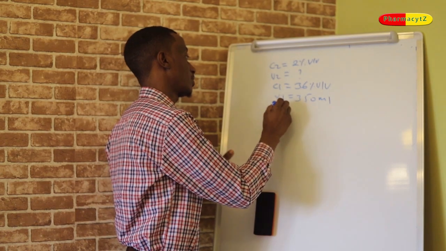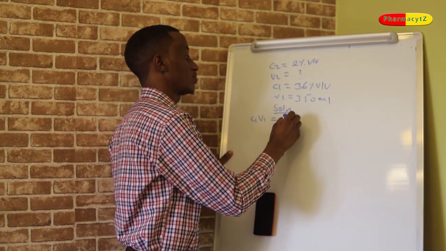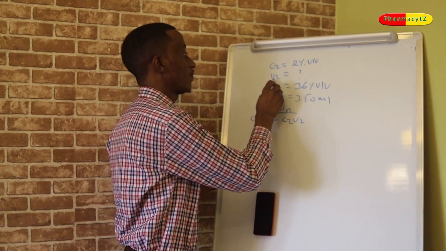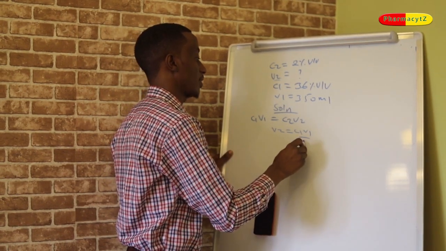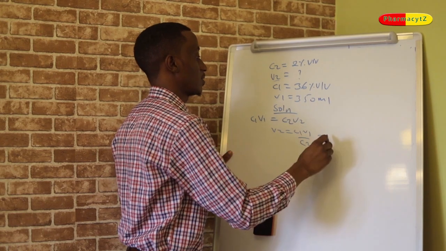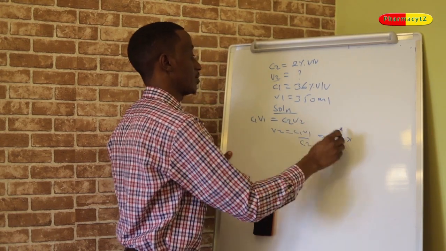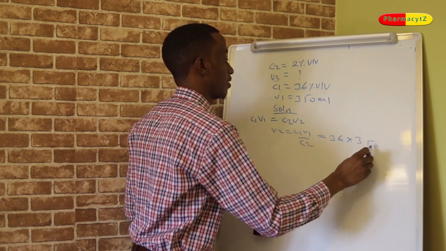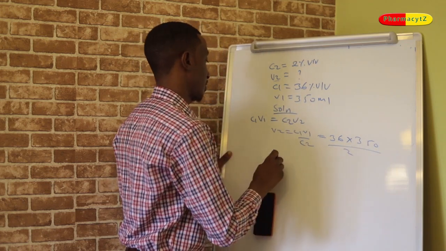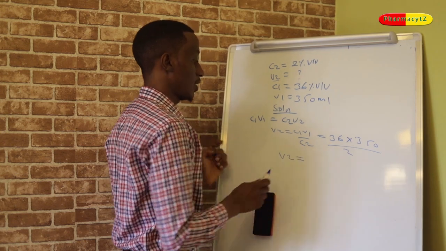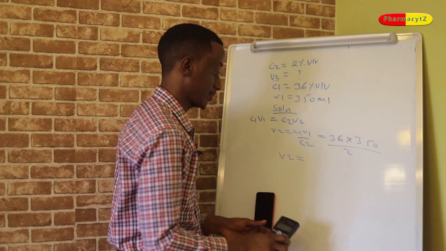Then solution. From the law of dilution, C1V1 is equivalent to C2V2. Looking for volume 2, make the subject C1V1 over C2. This is C1, 36%, times V1, 250, over concentration 2, which is 2%. We are expecting volume 2 to be higher than volume 1.